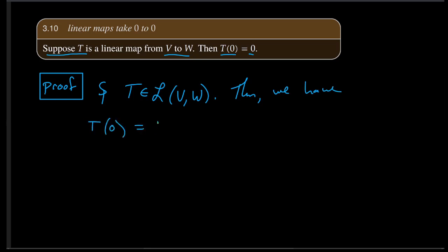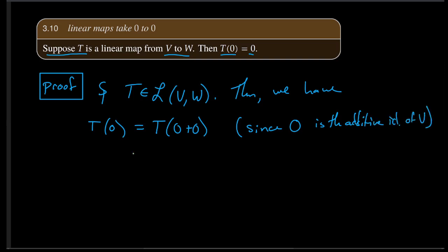Well, that's the same as T of 0 plus 0, since 0 is the additive identity of V. Okay, this is T of 0 plus T of 0. This is by linearity of T. Okay, cool. And I'll even put parentheses there.